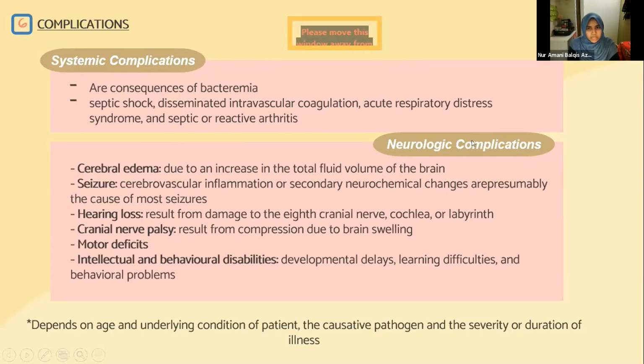Meanwhile, neurologic complications include cerebral edema due to increased fluid volume in the brain, seizure, and also hearing loss. Hearing loss results from damage to the 8th cranial nerve, cochlea or labyrinth, and also cranial nerve palsy as a result of compression due to brain swelling, motor deficits, and also intellectual and behavioral disabilities.